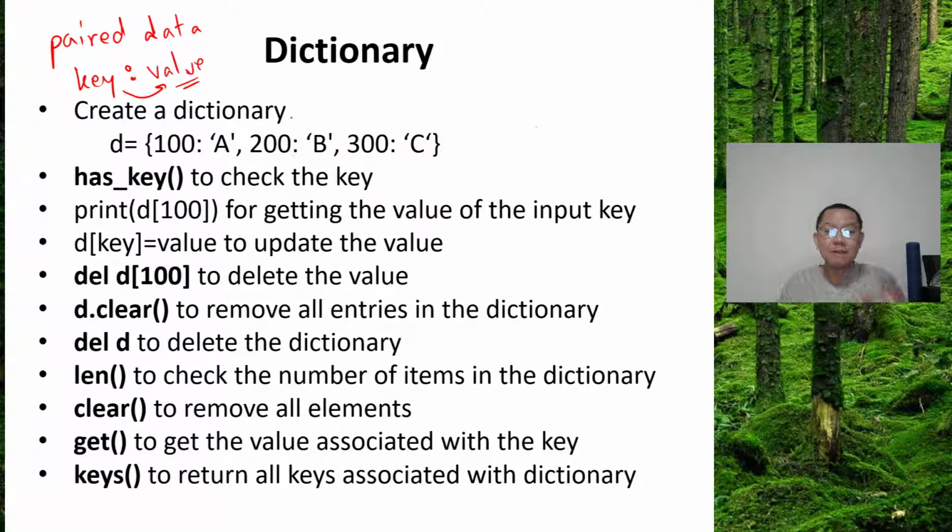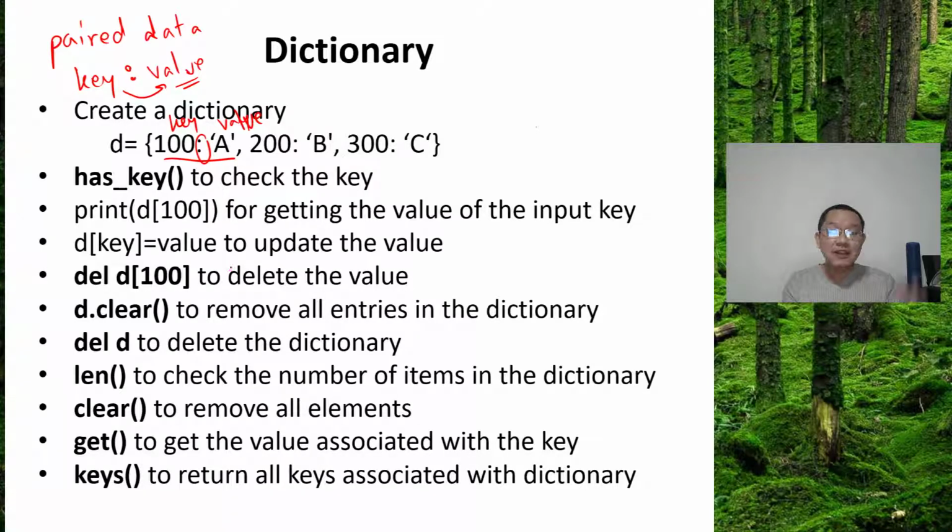A dictionary has a syntax similar to a set, but instead of one item having one value, one item will be paired, consisting of a key and a value. The key will come first, separated by a colon and followed by the value. The key or the value could be characters or numbers, depending on the types of the data.